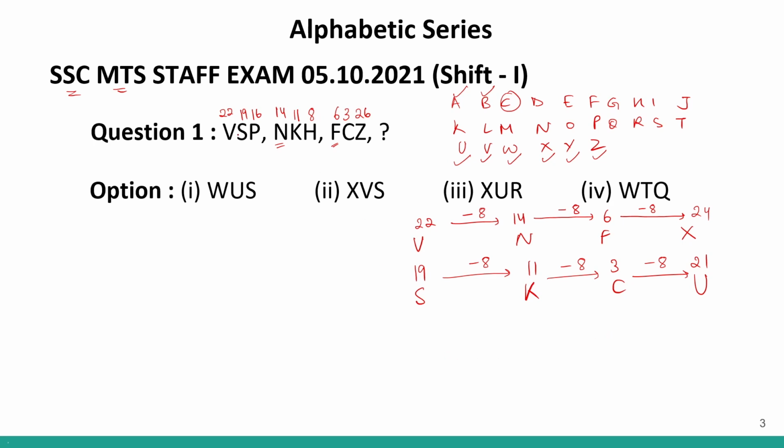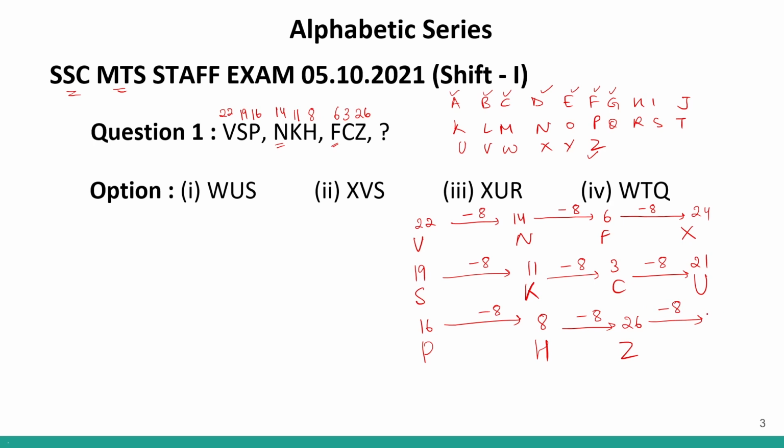Clear? Now let us look at the third letters, which are P, H and Z. So P is 16, H is 8 and Z is 26. So again 16 to 8 means minus 8. And from 8 to 26, that also means minus 8. How? Let's say from H, 8 positions back from H. So this will be 1, 2, 3, 4, 5, 6, 7 and then back to Z. So this is how I'll go back from Z. So from 26, I have to reduce 8.